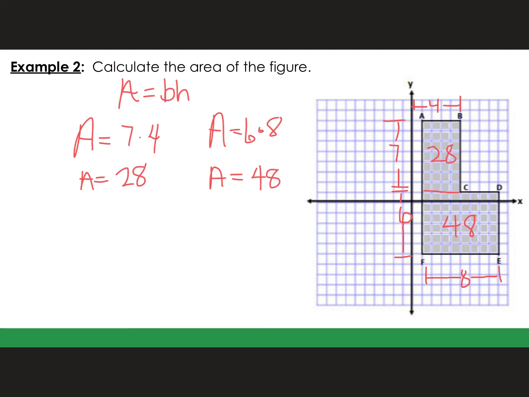So I will write the 28 right there. And then I need to add those up to find the area of the whole figure. So 48 plus 28 is 76 units squared.